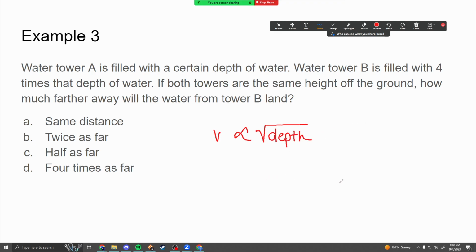So that means that V squared is going to be proportional to delta x. So if we're saying, okay, the depth is 4 times greater, that means that it's going to go twice as far because you would just take a square root, and hopefully that makes sense.